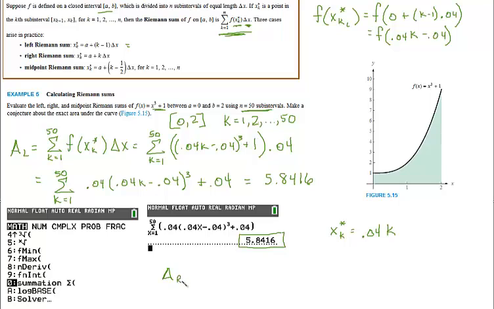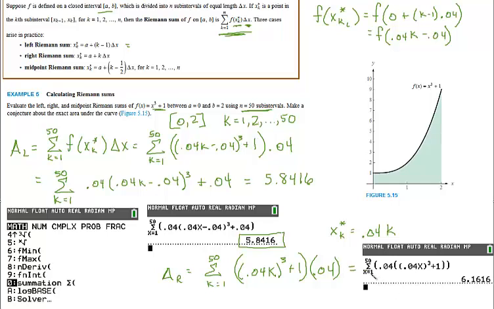So the area on the right is going to be the sum, k equals 1 to 50 of f of that x star, so that would be 0.04 k quantity cubed plus 1, and then that needs to be times the delta x, which is 0.04, and I'm just going to crank that out on my calculator. Okay, just punch that in on my calculator.